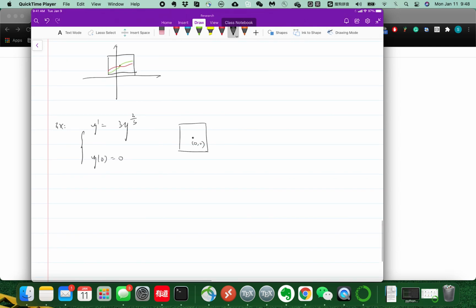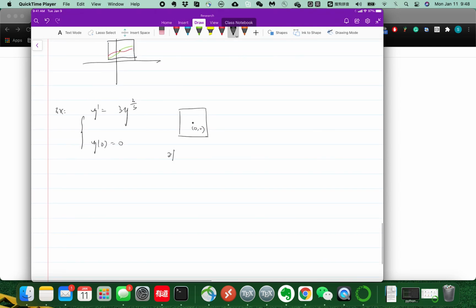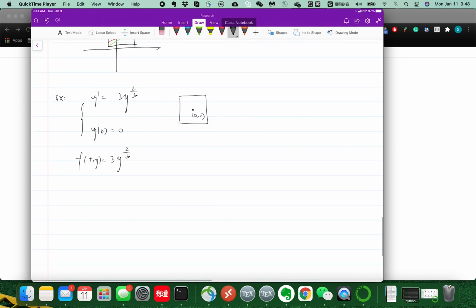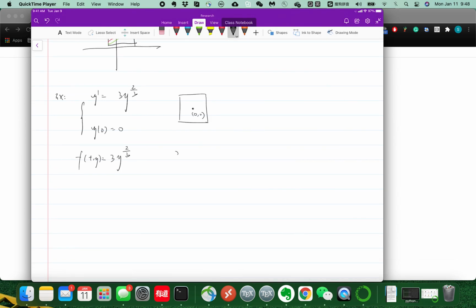And you can see clearly this one failed because partial, let's see, f equals 3y^(2/3). Okay, then partial f over partial y is going to be 3 times 2/3 times y to the negative 1/3.